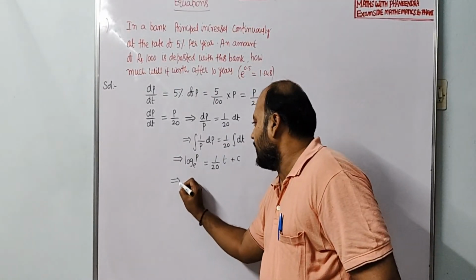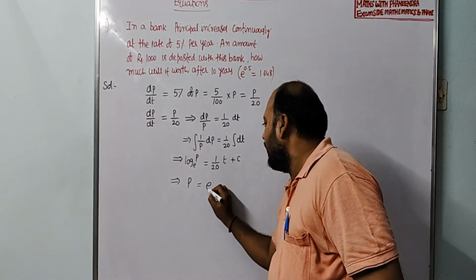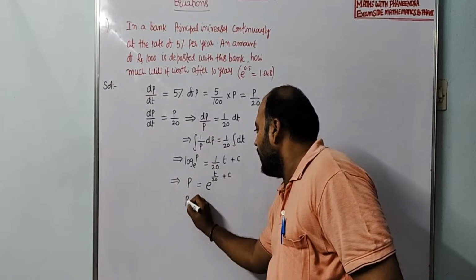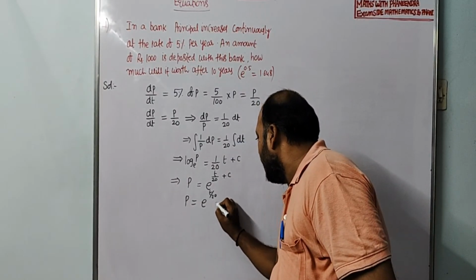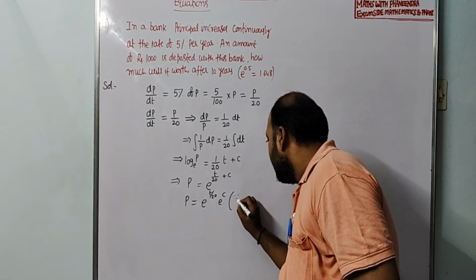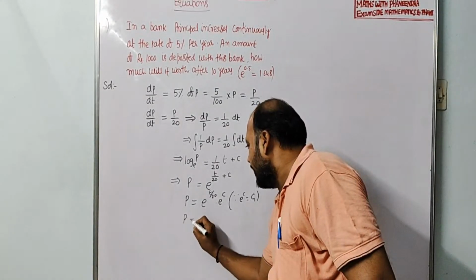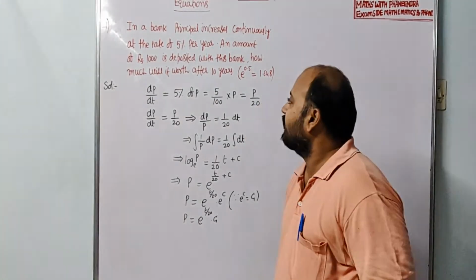So we can write, if you remove log, P equal to e power t by 20 plus c, that is P equal to e power t by 20 into e power c. In the next step, e power c I am taking as capital C, a constant. So P equals e power t by 20 into C.